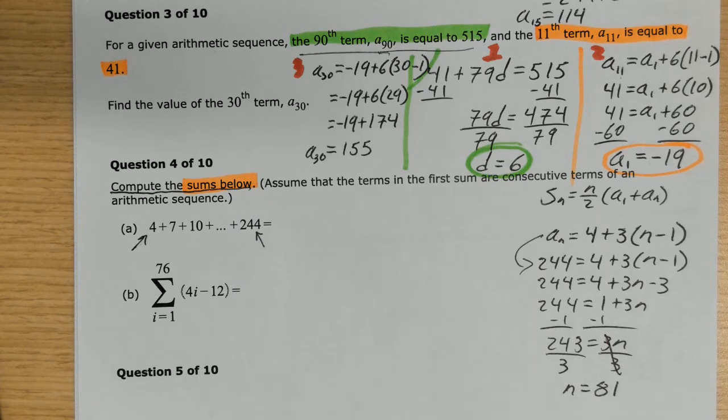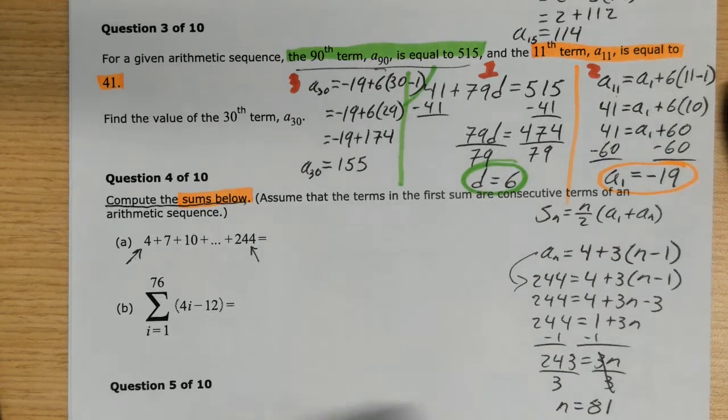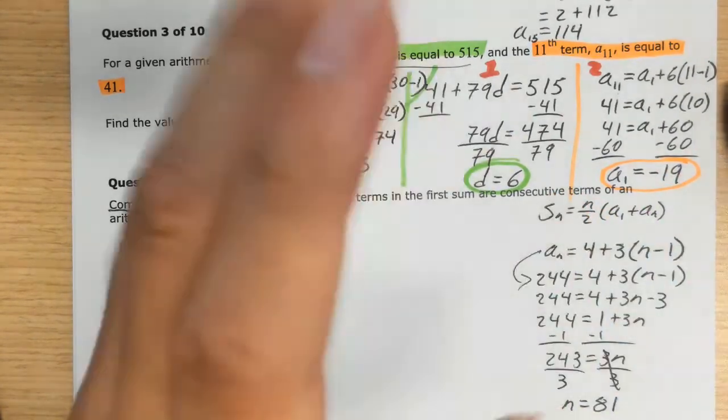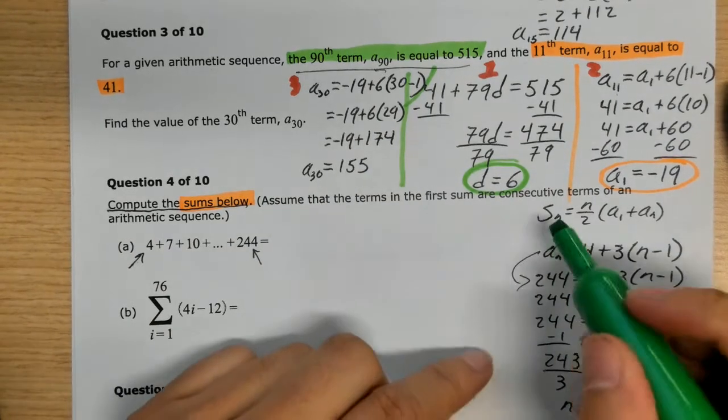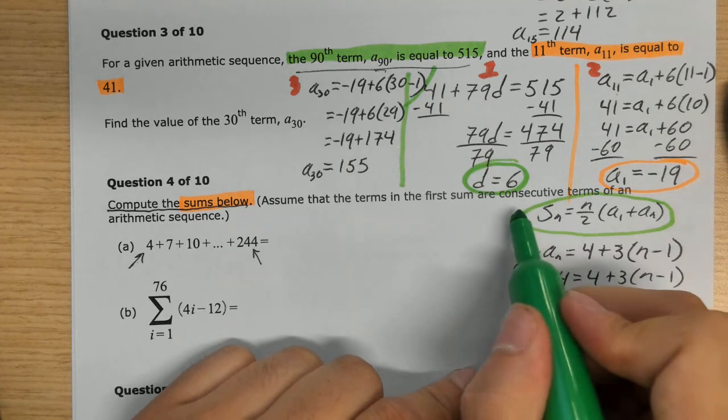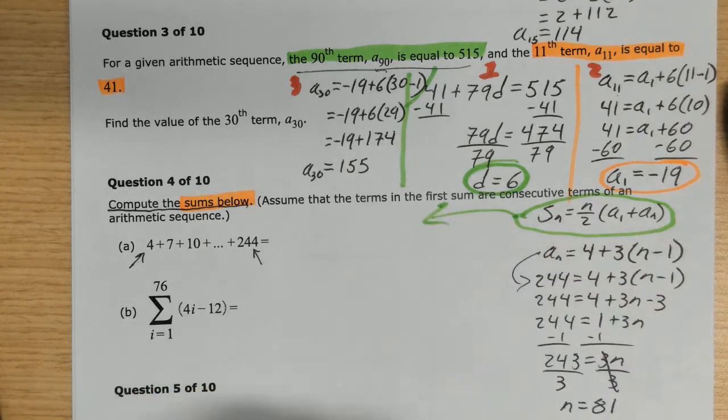Now I remember the equation that I wrote up here. It's the equation that we use to find the sum. So I'm going to plug in all of the values that I have.